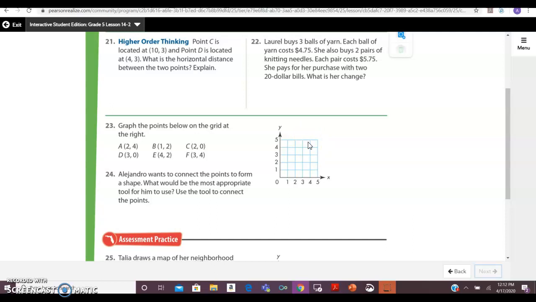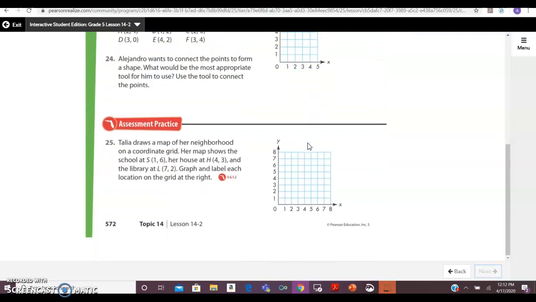What would be the most appropriate tool for him to use? Use the tool to connect the points. Number 25. Talia draws a map of her neighborhood on a coordinate grid. Her map shows the school at S, which is 1, 6, her house at H, which is 4, 3, and the library at L, 7, 2. Graph and label each location on the grid at the right.